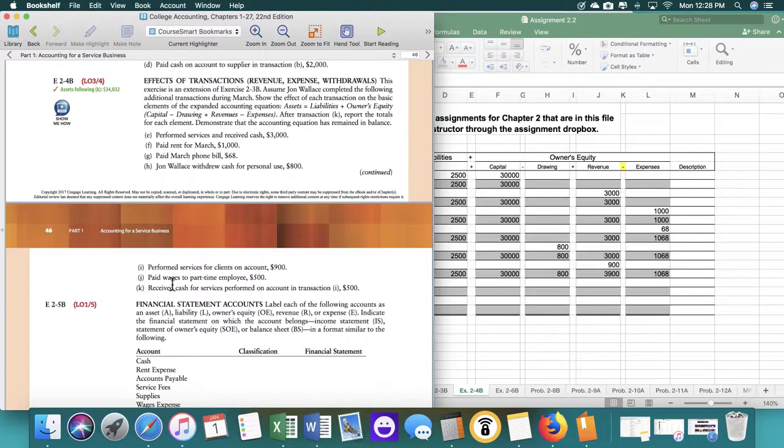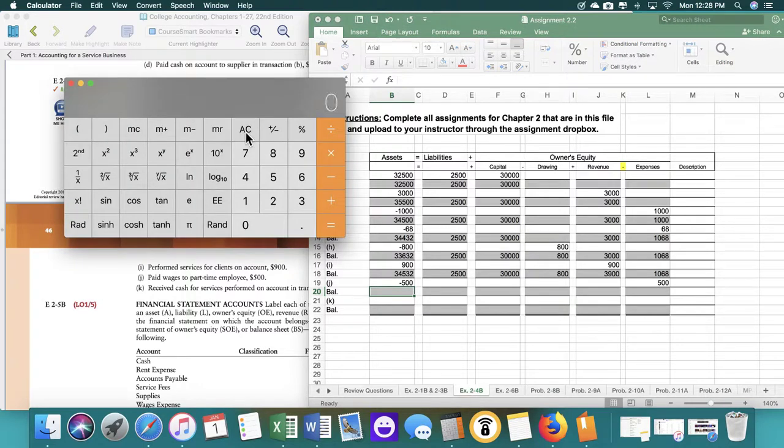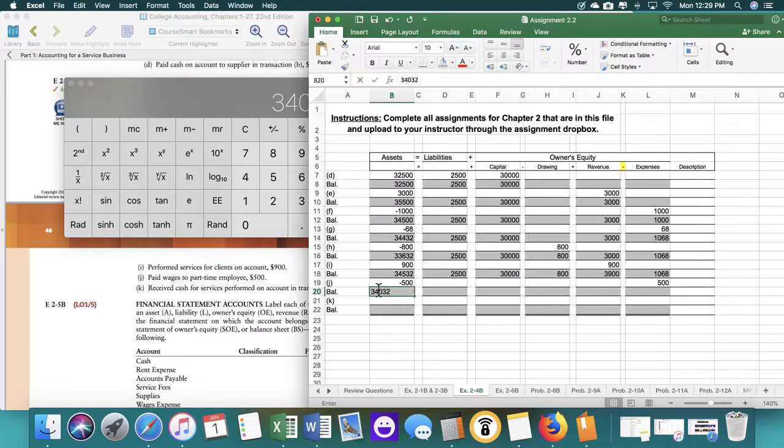Next letter J, we paid wages to a part-time employee. So we're going to decrease our cash by $500. And we're going to do $500 more to the expense because it's going to go to wages expense. So we're going to, again, break out the calculator. 34,532 minus 500, $34,032. Everything else still stays the same.